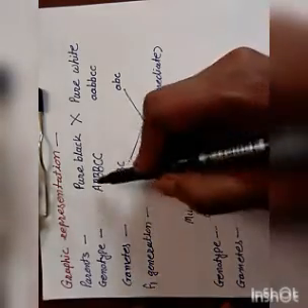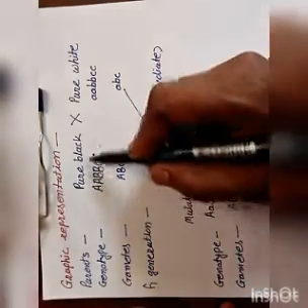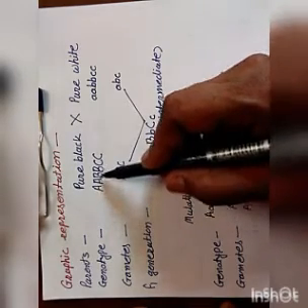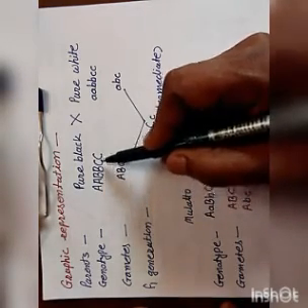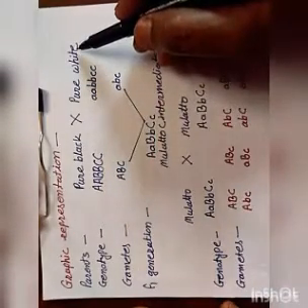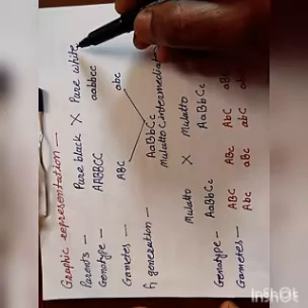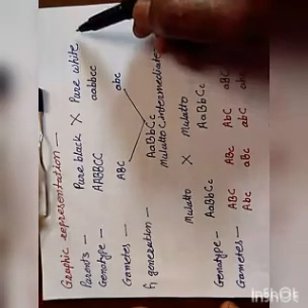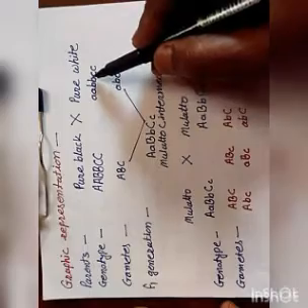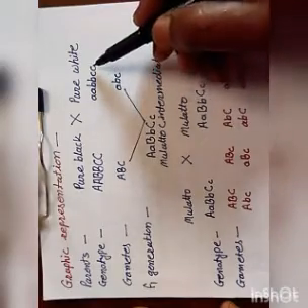How? The genotype of the pure black individual is capital A, capital A, capital B, capital B, capital C, capital C. The genotype of the white individual, means albino or USA population, is small a, small a, small b, small b, small c, small c.